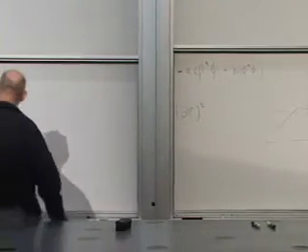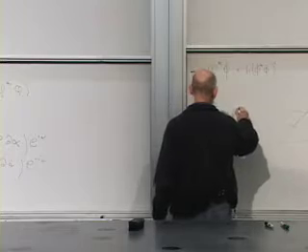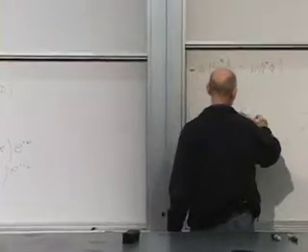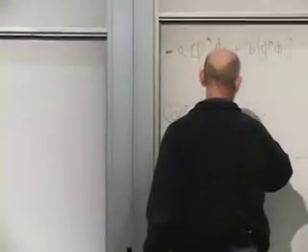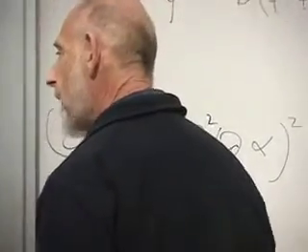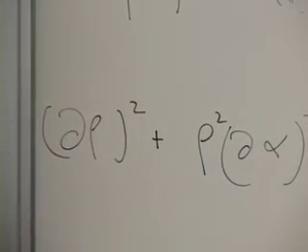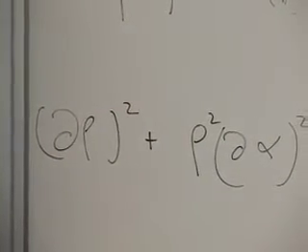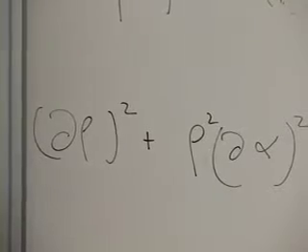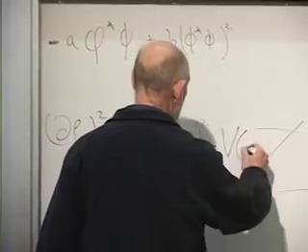And then plus rho squared times the derivative of alpha squared. And then finally, V of, what is phi star phi in terms of rho and alpha? Rho squared. Notice that the potential only depends on rho and not alpha.